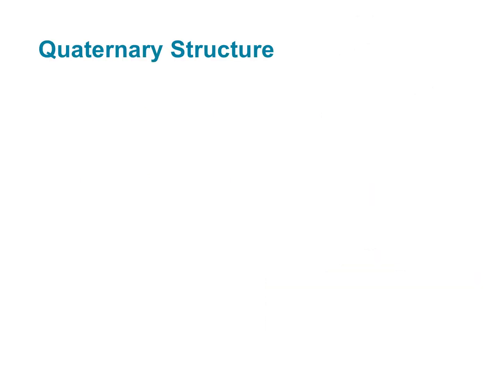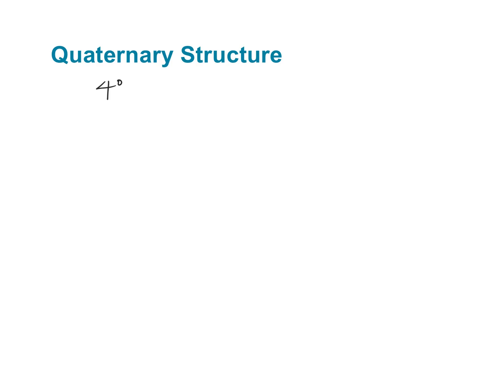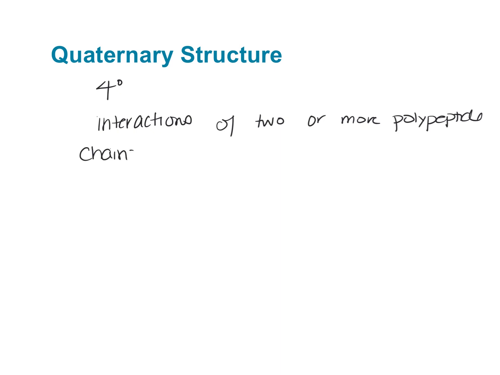Now, we also have quaternary structure, and sometimes quaternary structure is shown with a 4 in a degree sign. A tertiary structure will be shown with a 3 in a degree sign. And this describes the interactions of two or more polypeptide chains that form a single biologically active protein.